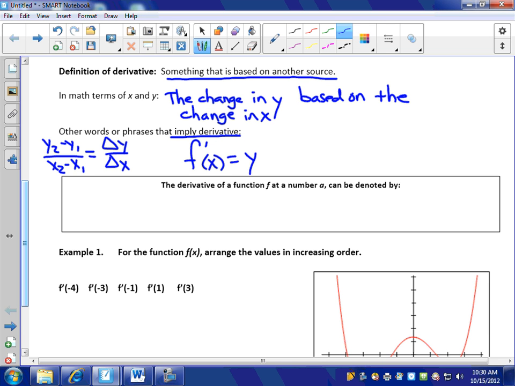We may say y prime. Those are synonymous. We may say the derivative of y with respect to x, instead of a change over a given interval, instantaneously at one point. You may see this defined as the derivative of the function, whatever name it might be, with respect to x.